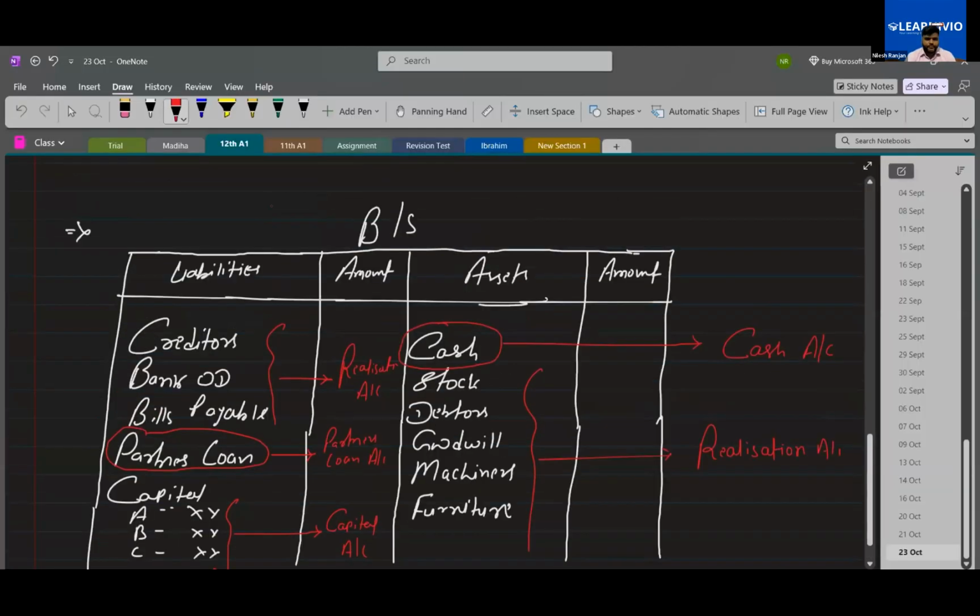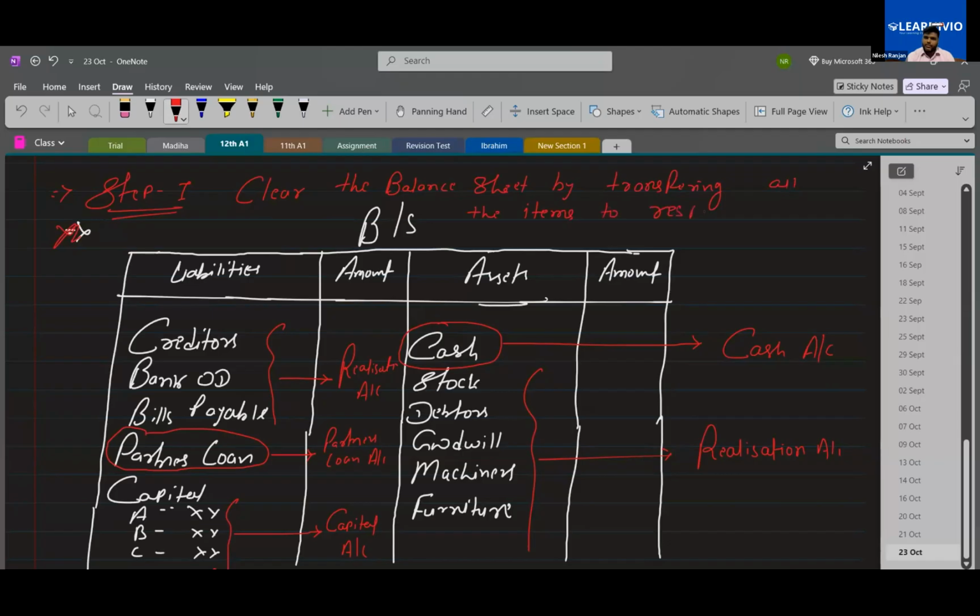So this is the first thing that we have to do in accounting treatment. Step one is clear the balance sheet by transferring all the items to respective accounts.